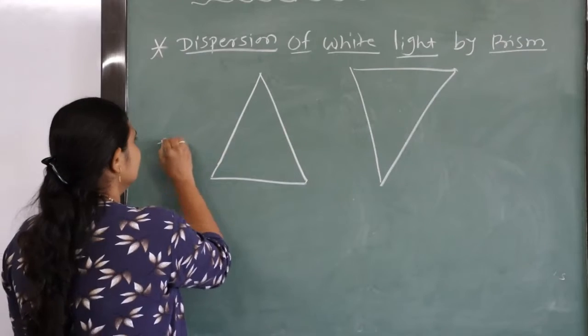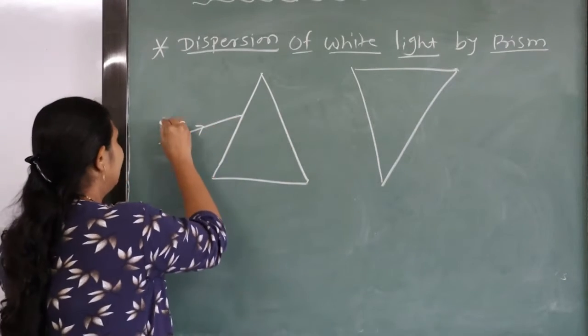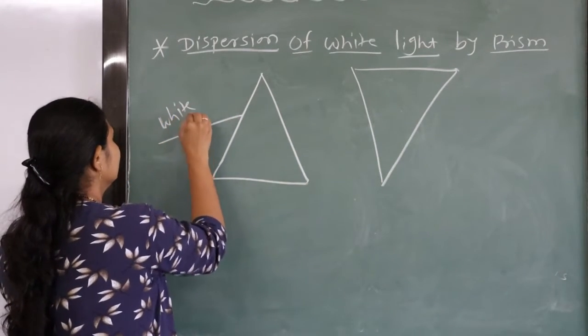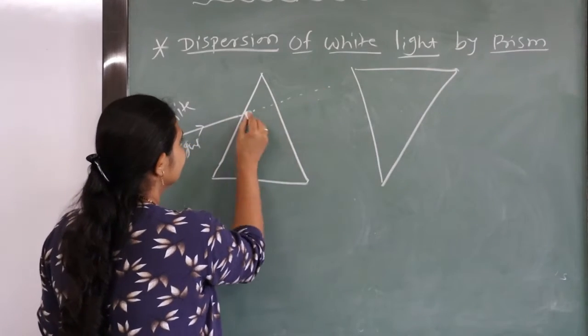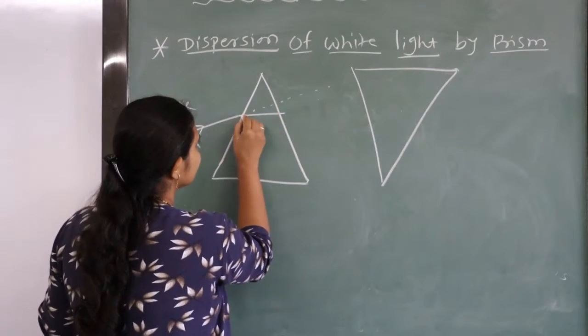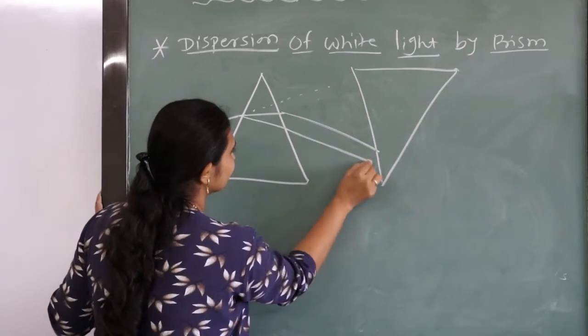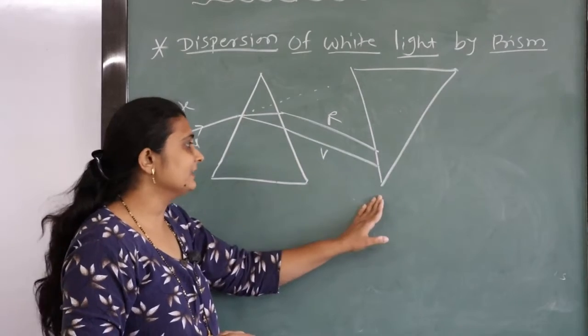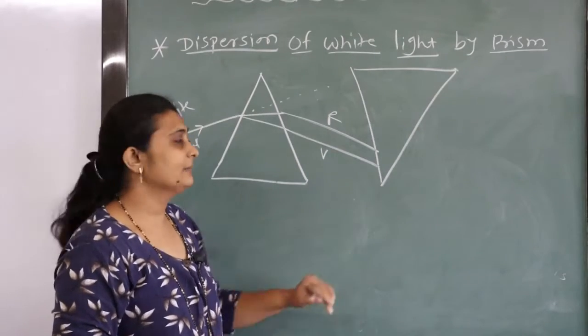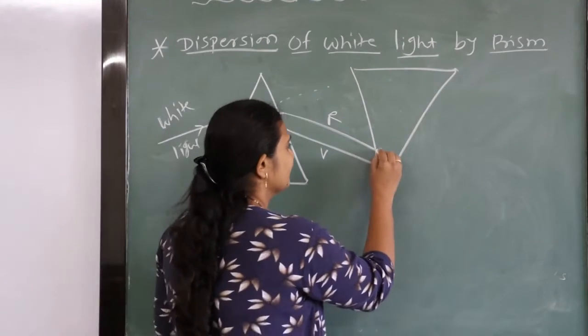Again, white light, original path, here red to violet. This spectrum is incident on the second prism. Now what happened?